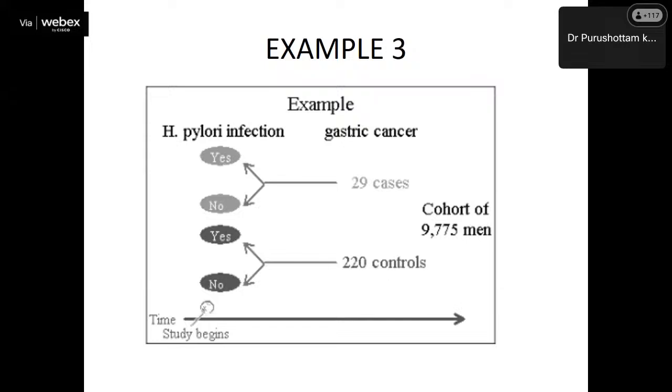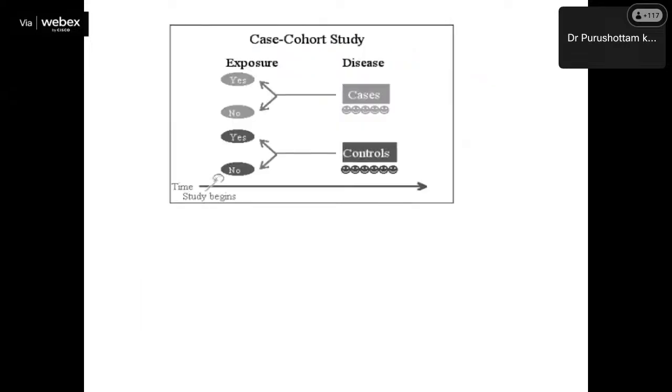So in cases H. pylori is present or not present, and in the 220 controls, H. pylori is present or not present. So this is the example of case cohort.